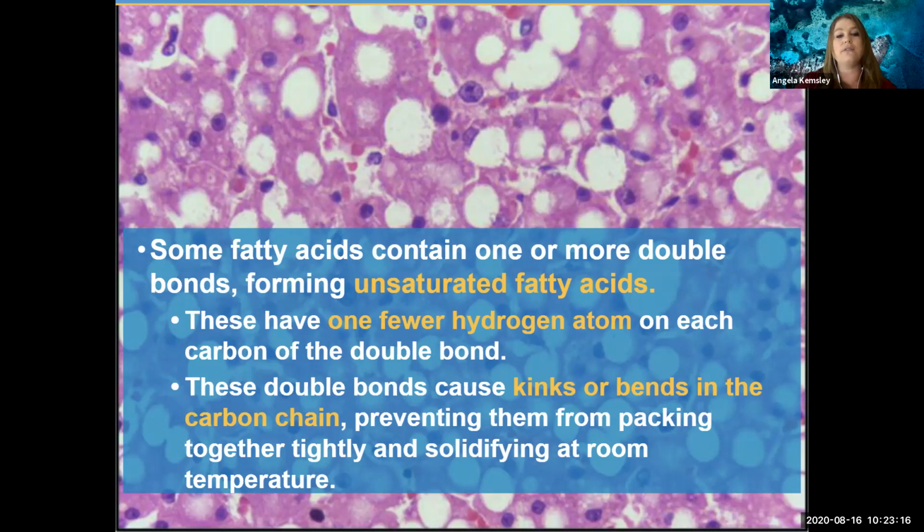These have 1 fewer hydrogen atom on each carbon of the double bond. And these double bonds can cause kinks or bends in the carbon chain. Remember, when you change the structure, you change the function. This prevents them from packing together tightly and solidifying at room temperature. So our unsaturated fatty acids will typically be more of a liquid or an oil.